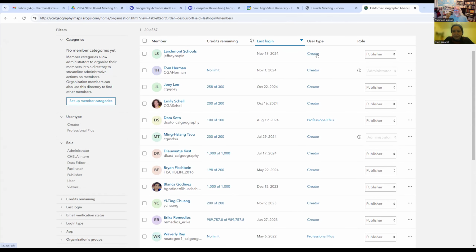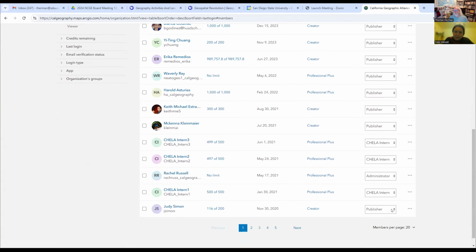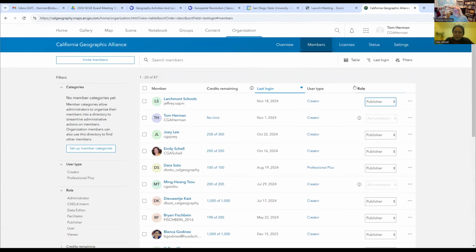And see this user type, this is what I'm talking about, the user type and the role. So the user and viewer, I believe, are not able to share. It's publisher that's required. So you can see everybody I've signed up with has either publisher or some other designation.